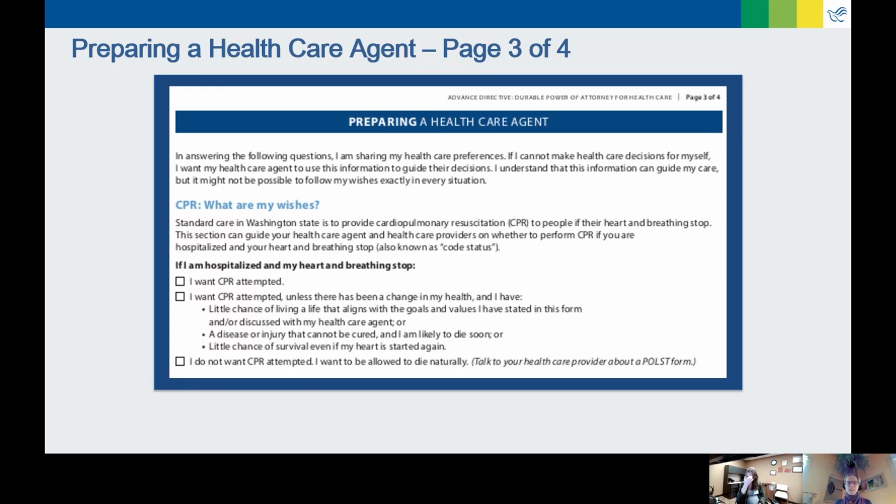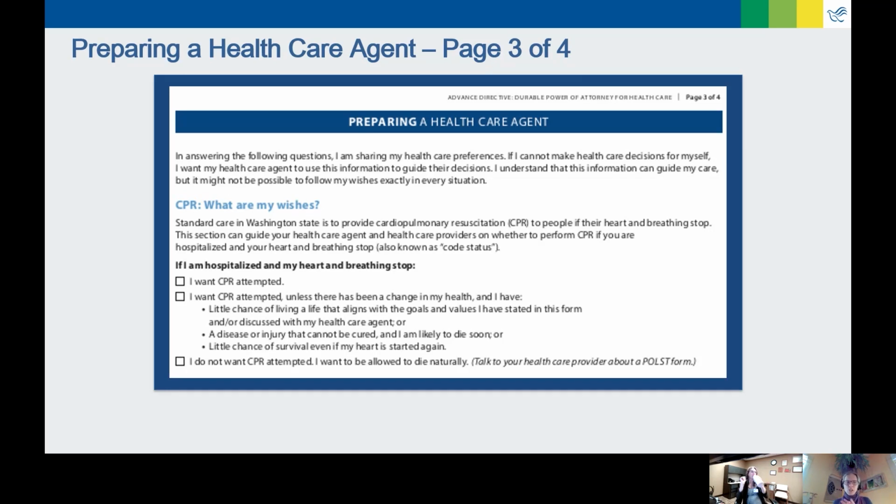So that second box is sort of that middle ground that says, I want CPR now, but if it doesn't make sense in the future for me to continue to receive CPR, then I give permission to whoever's making decisions on my behalf to make me a DNR, or do not resuscitate, in the future. So that's that middle section.